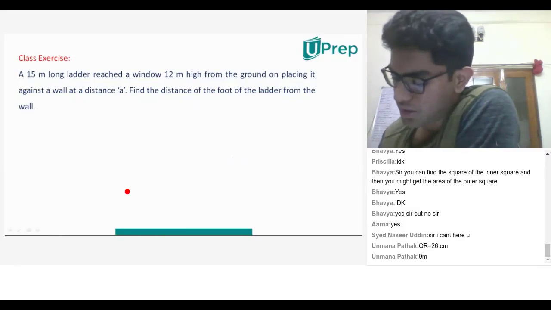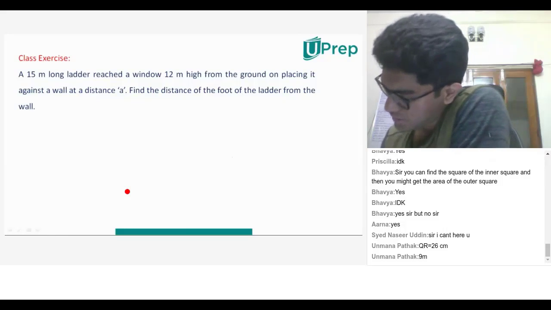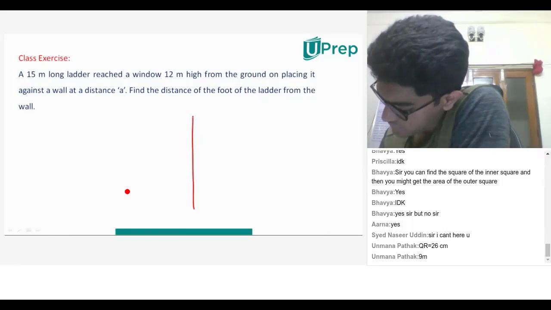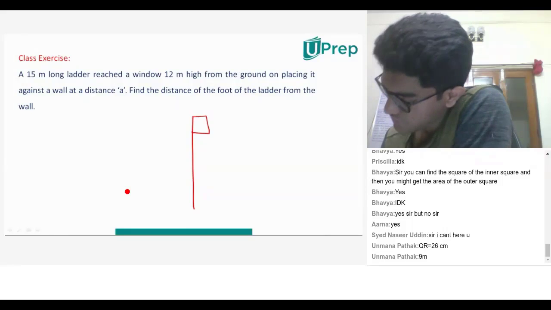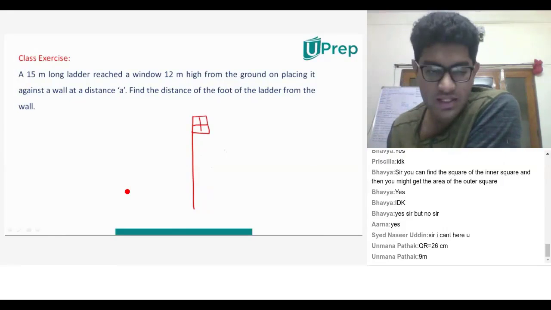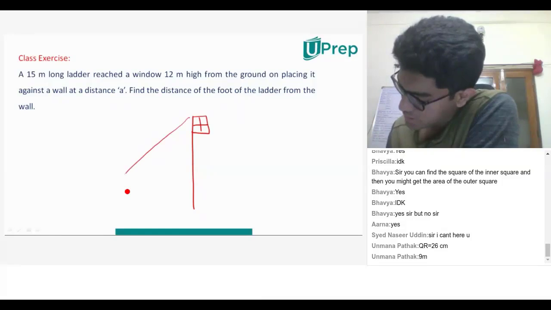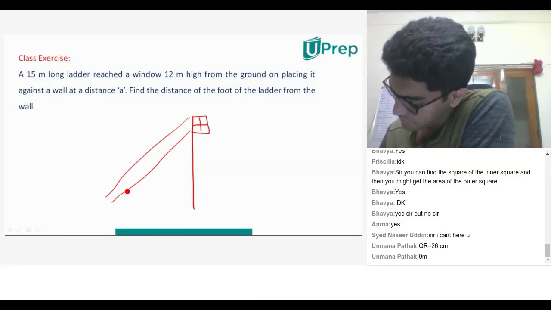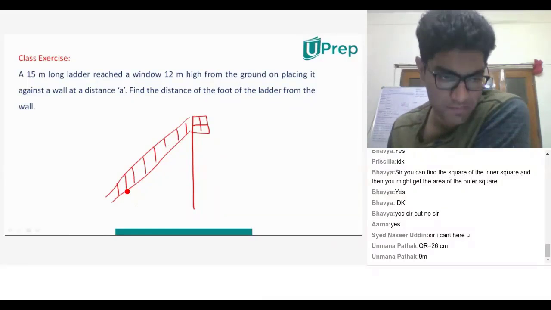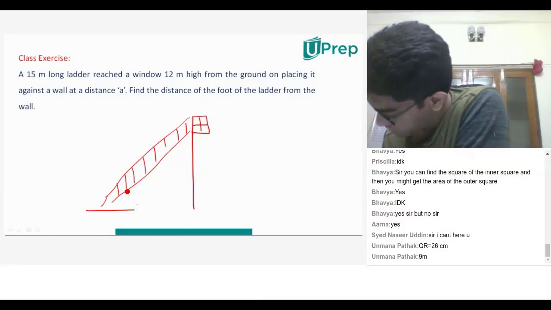Okay, listen. There is a 15-meter long ladder which reached a window 12 meters high from the ground. That means there is a wall and there is a window over here. This window is 12 meters high. I'm placing a ladder. If I have to place a ladder, it is slant, right? That's how I climb up. This is the ground.